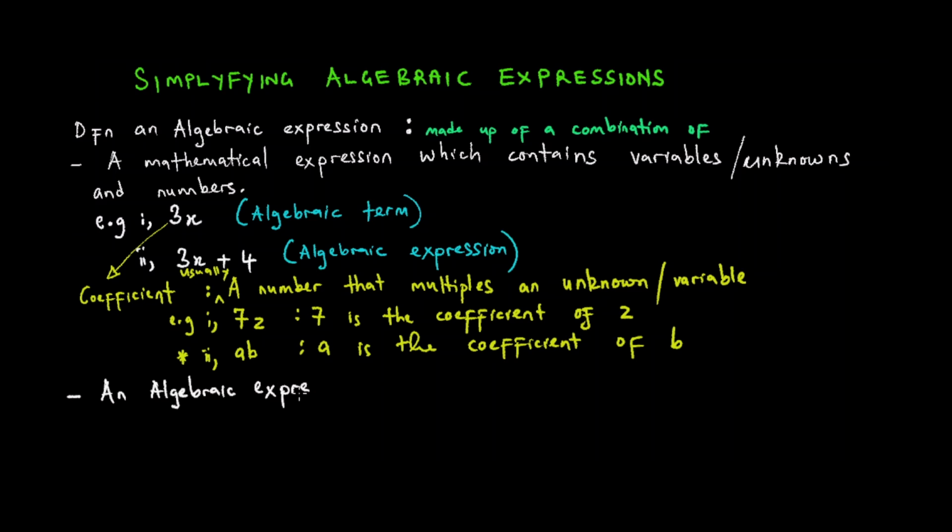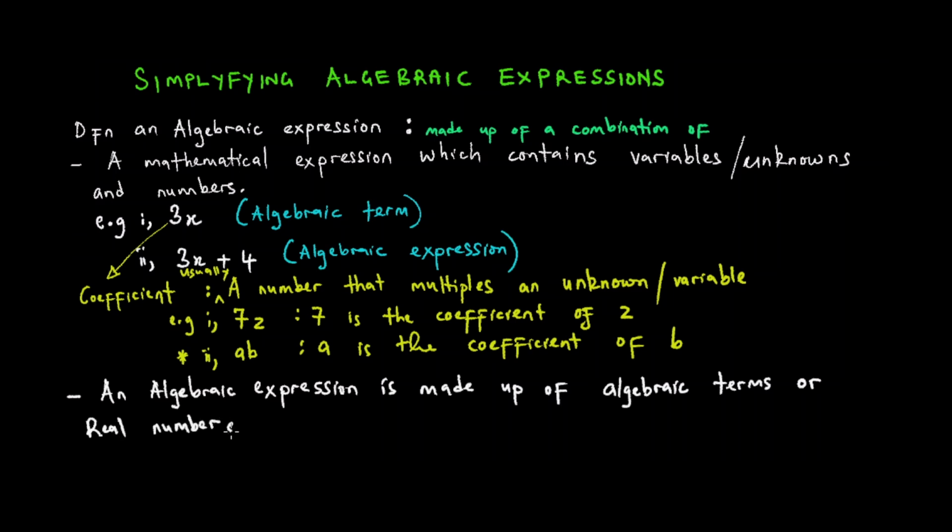So we are now defining that an algebraic expression is made up of, firstly, algebraic terms or real numbers, and arithmetic operators.